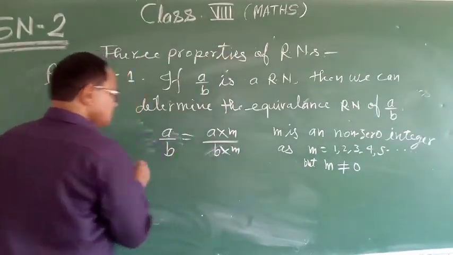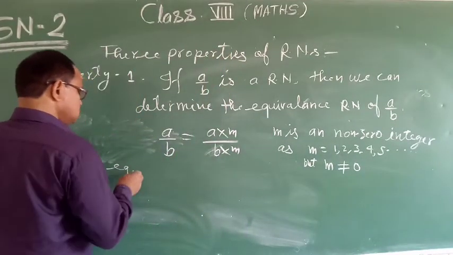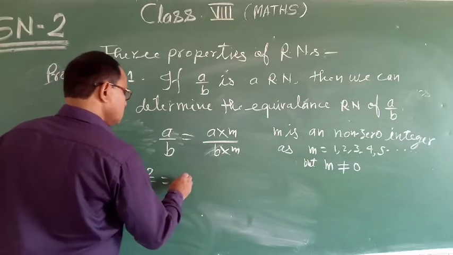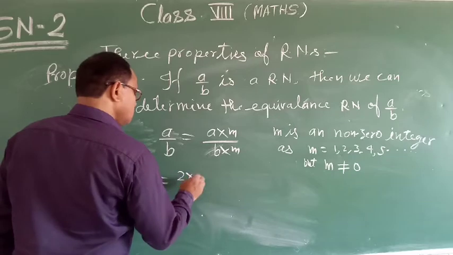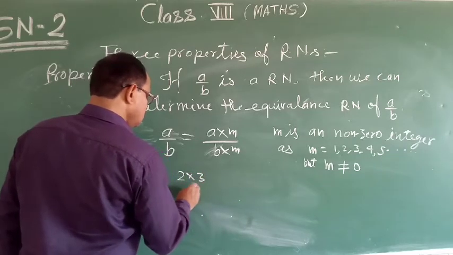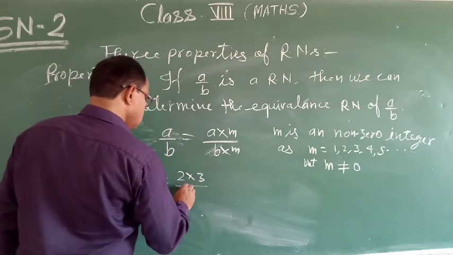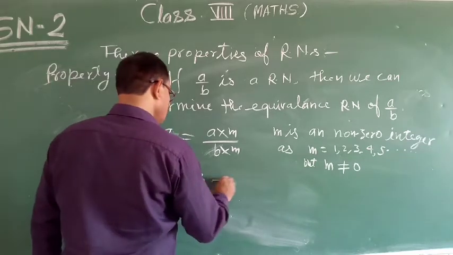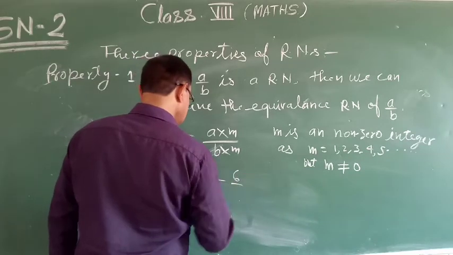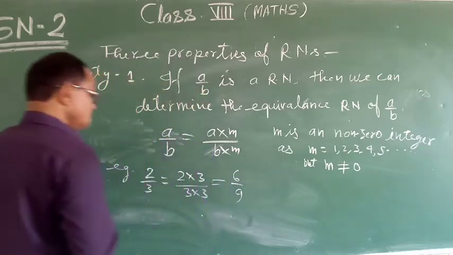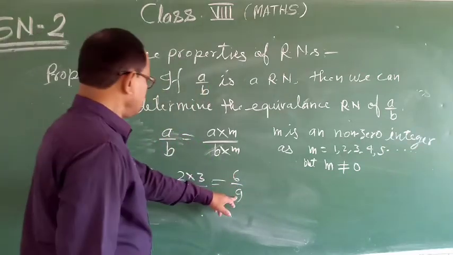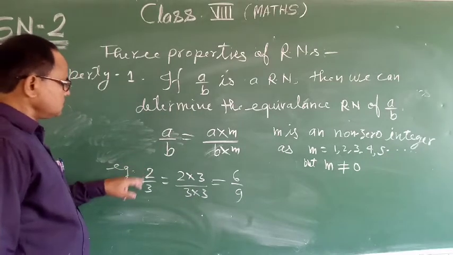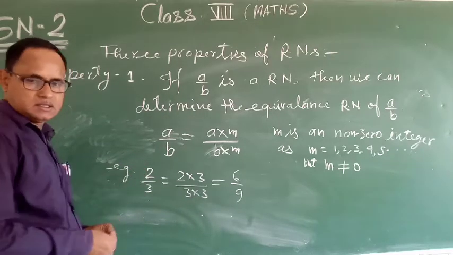Here example: 2 by 3 is equal to 2 into 3 upon 3 into 3. Then we get 6 upon 9. 6 upon 9 is the equivalence rational number of 2 by 3.